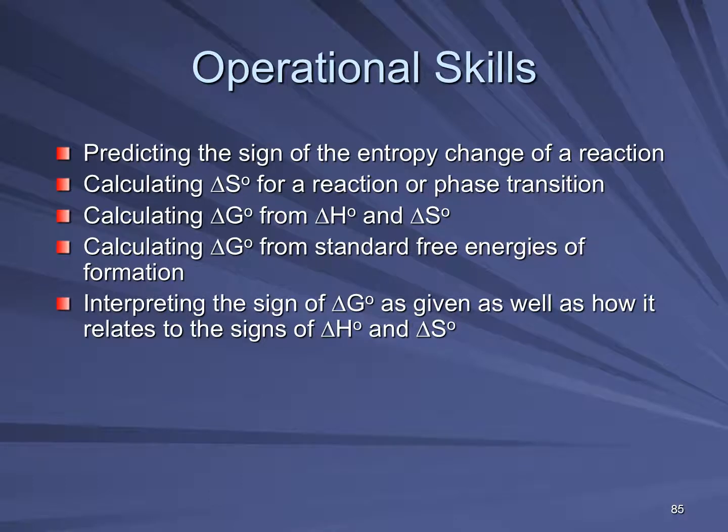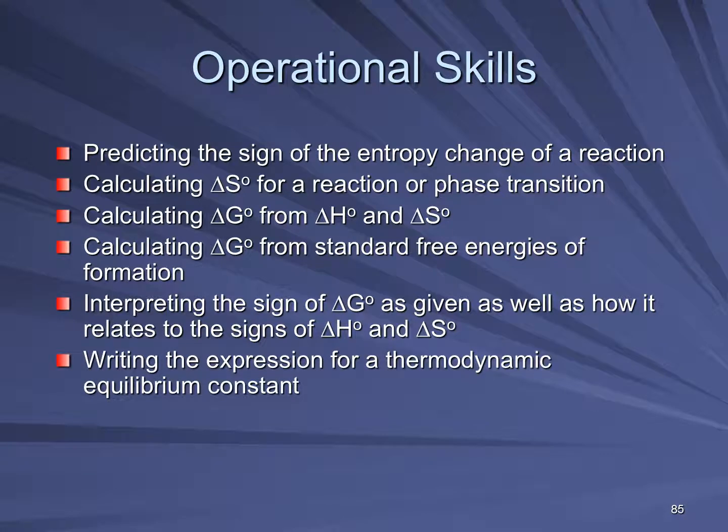You should be able to interpret the sign of delta G as spontaneous or non-spontaneous, and also know how it relates to the signs of delta H and delta S. So you should also know what the signs of delta S and delta H mean, and how they all accumulate to make delta G, as in that table we talked about a few slides ago. You should be able to write the expression for a thermodynamic equilibrium constant.